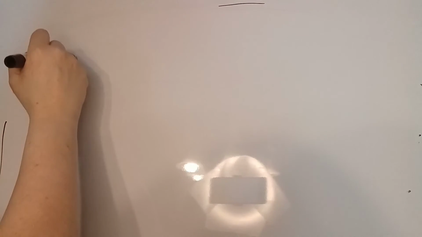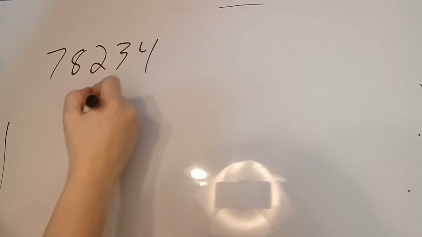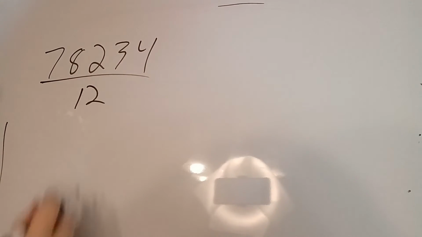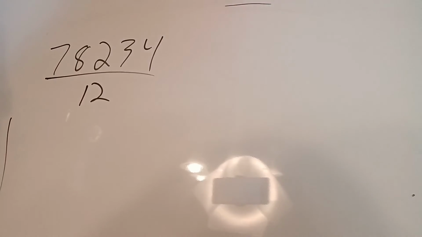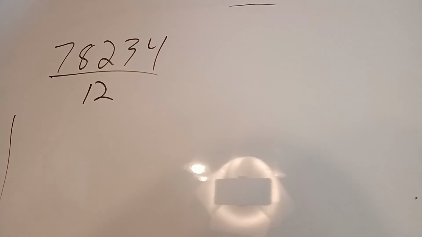Let's do a really obnoxious one. Let's do 78,234 divided by 12. All right, 12 times 6. That gives us a 60 here. That's a 72, right?